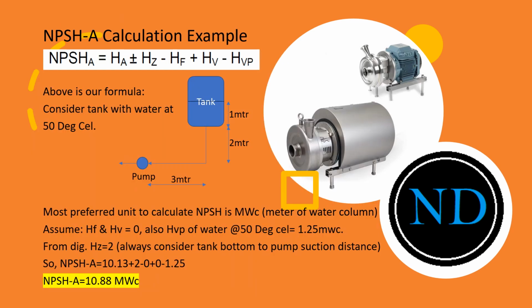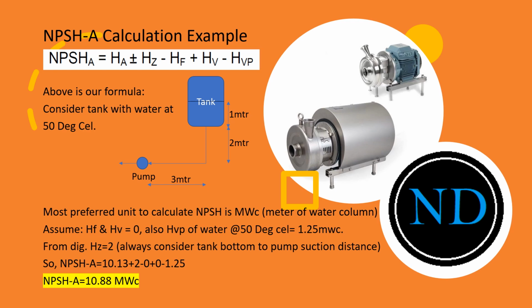So I have done some calculations here. It is a sample calculation. So we have the formula that NPSH available is equal to HA plus or minus HZ minus HF plus HV minus HVP. So let's start. Consider a tank at 50 degrees Celsius, and as you can see there is a pump at the outlet.